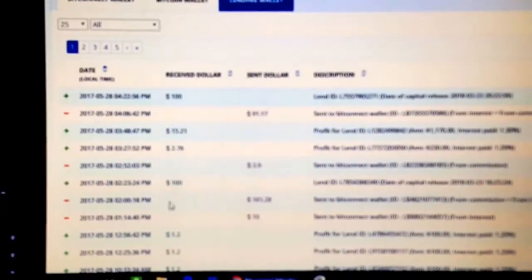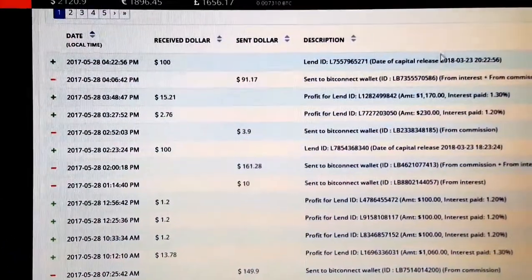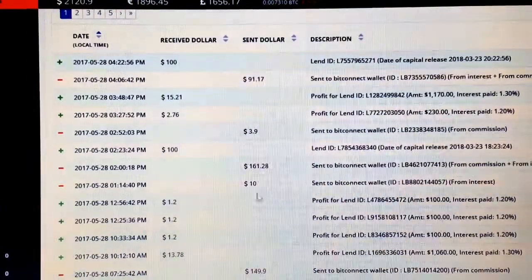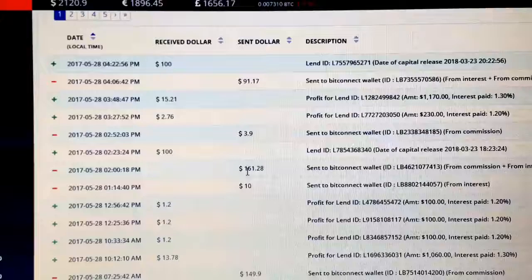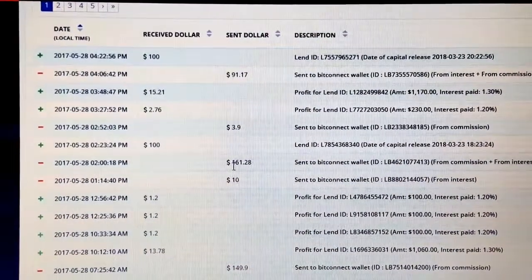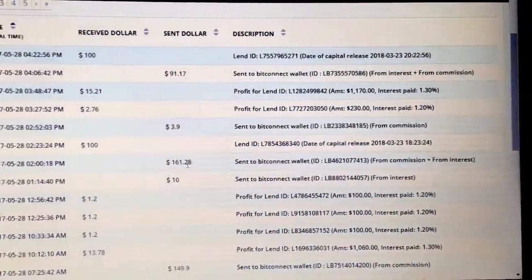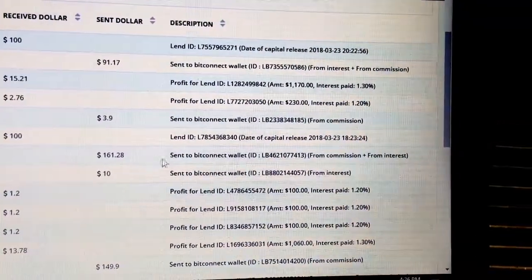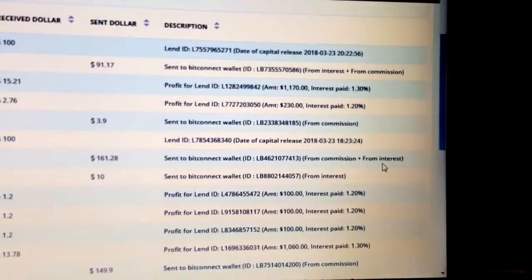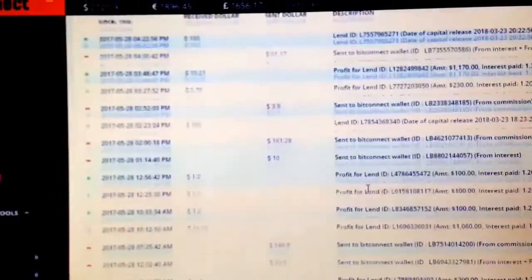So over here it shows all the loans, all the interest that I'm earning, and gives the details. Over here it shows me cashing out of commissions that I've earned. Like for instance, here's $161 that I earned. Most of this is commissions from the referral program, and also interest included in that.